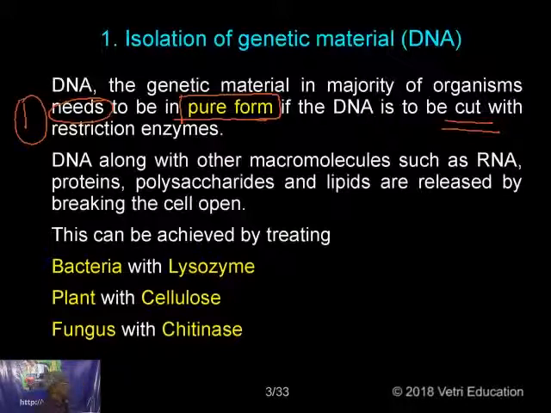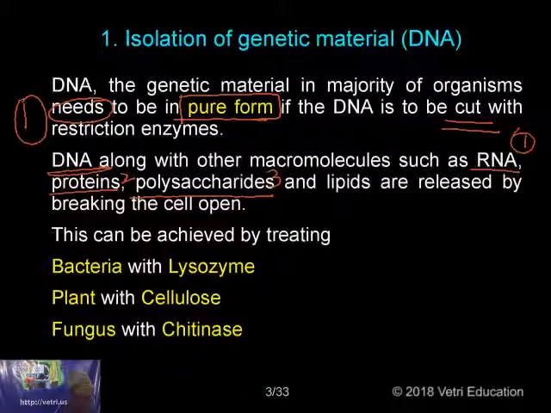DNA along with other macromolecules such as RNA, proteins, polysaccharides and lipids are released by breaking the cell open. See, in a plant cell, along with the DNA, what are all the materials you are getting? RNA will be there, proteins will be there, polysaccharides will be there, and then lipids will also be there.